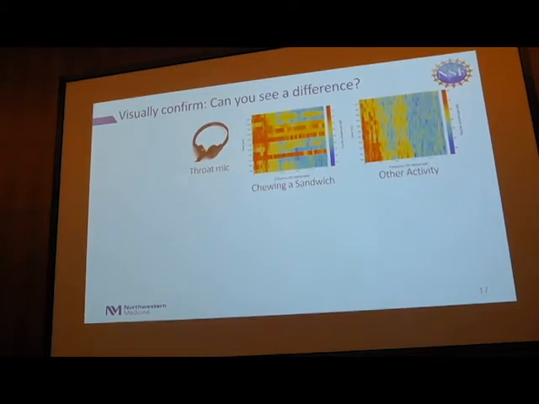Using a throat mic, for example, this is a spectrogram image. It's a visual representation of the spectrum of frequency across time. The y-axis here shows us time, the x-axis frequency.